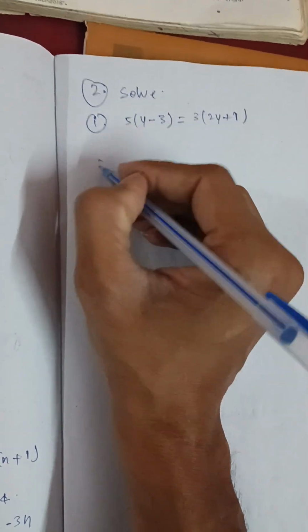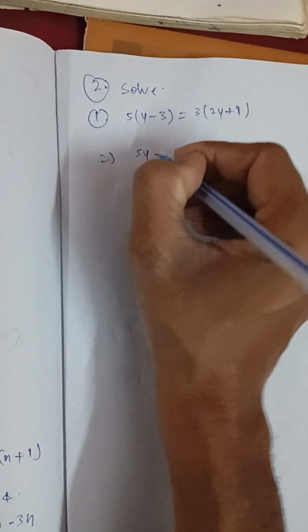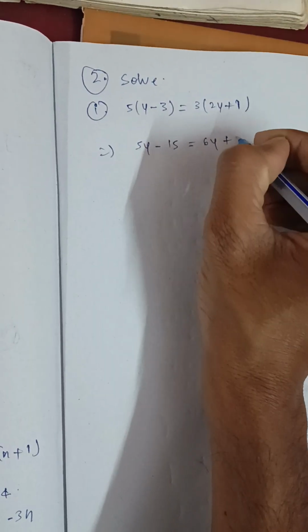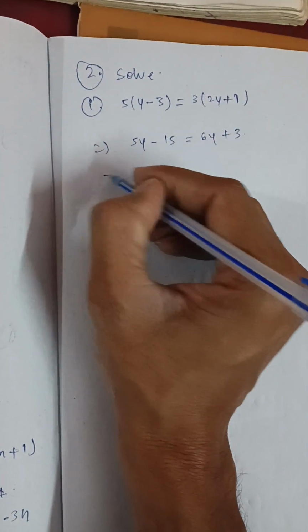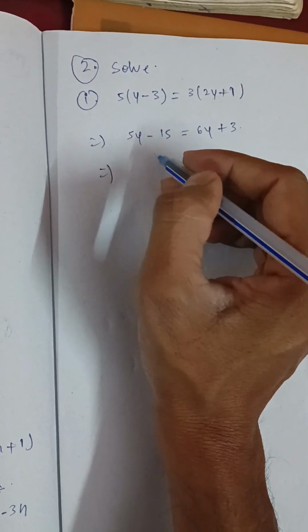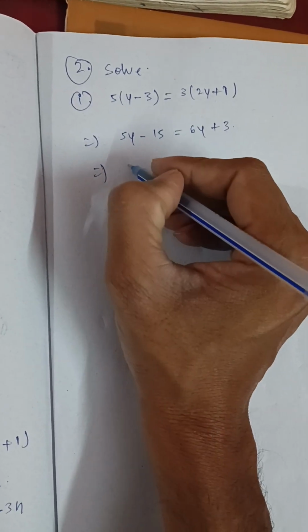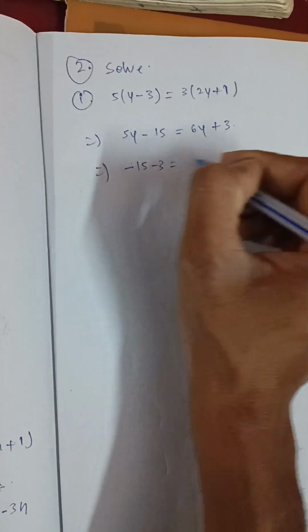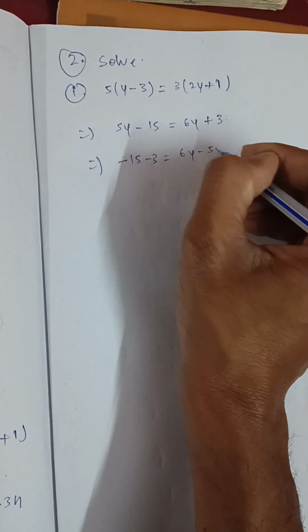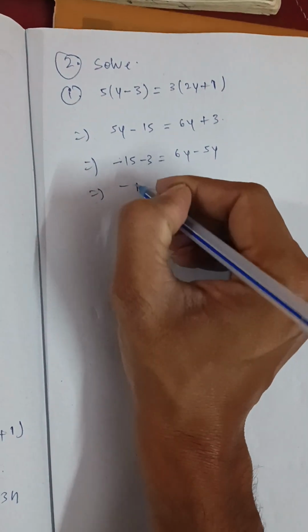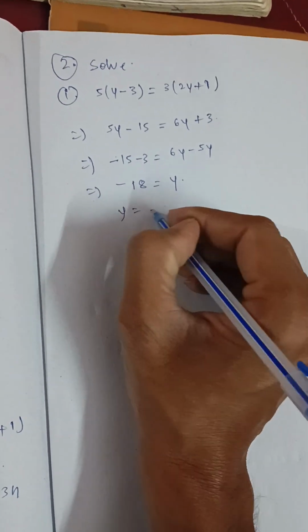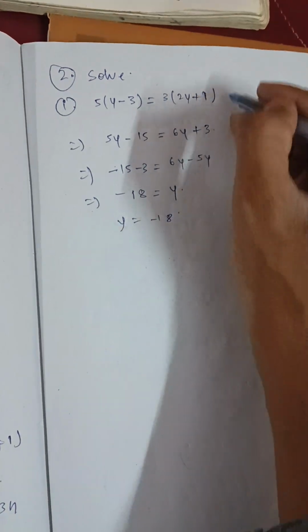So 5y minus 15 equals 6y plus 3, and minus 15 minus 3 equals 6y minus 5y, and minus 18 equals y. So y equals minus 18.